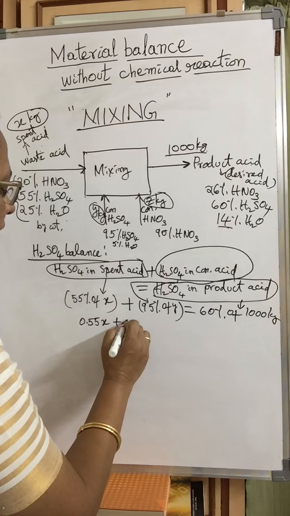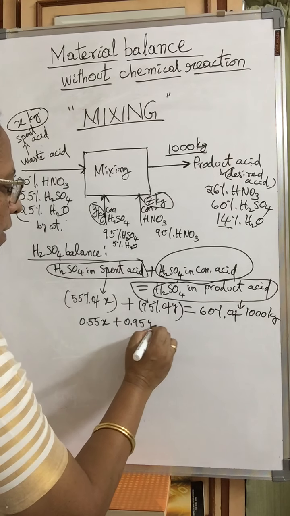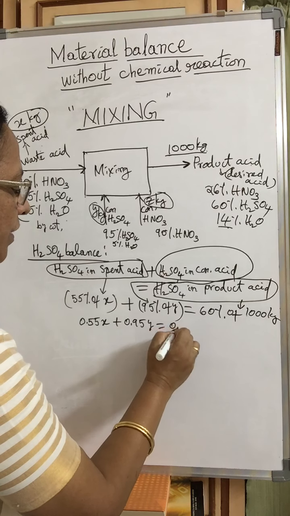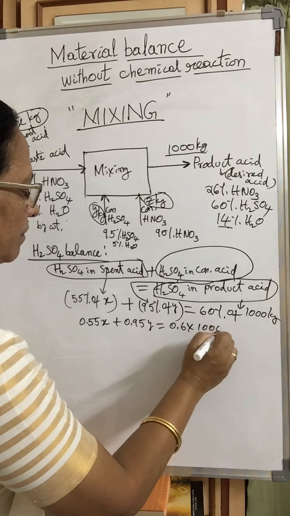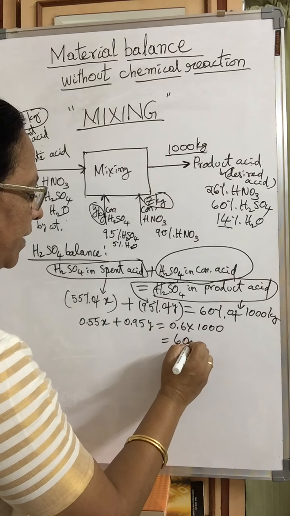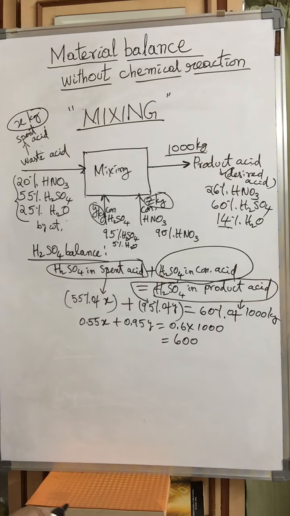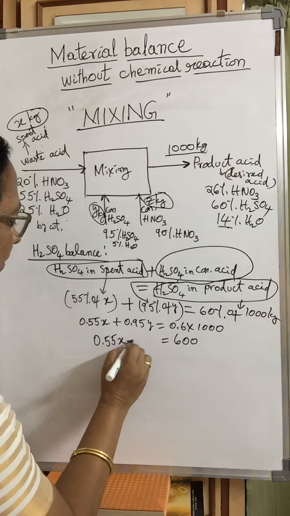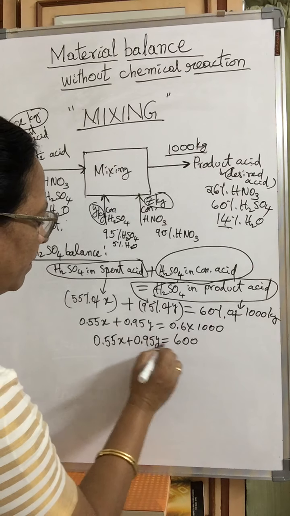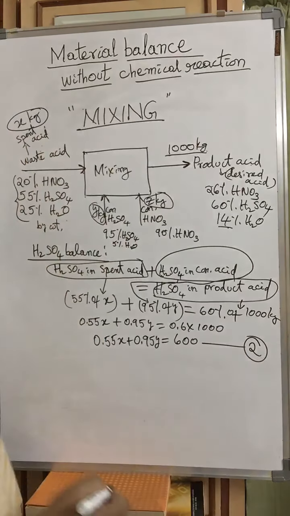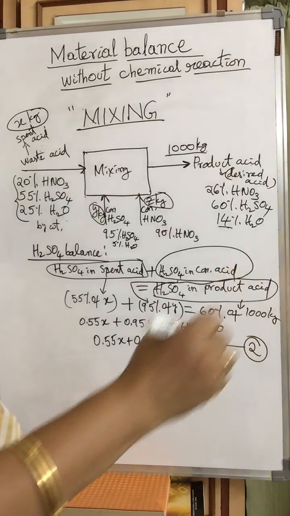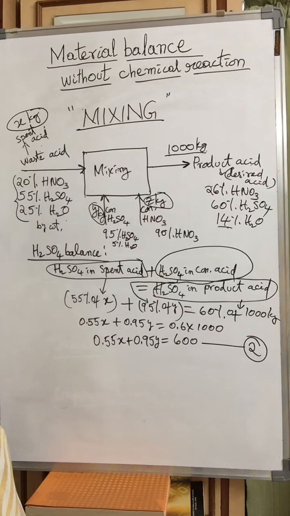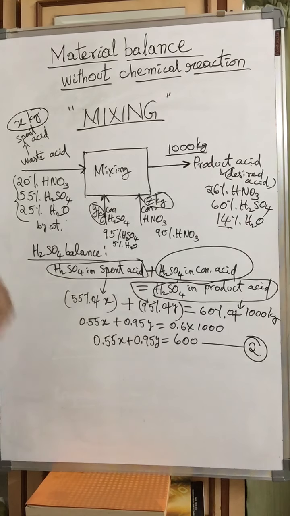So 0.55x plus 0.95y is equal to 0.6 into 1000, that is 600. Let it be equation 2. The first equation, overall balance, is x plus y equal to 1000. This is the second equation.